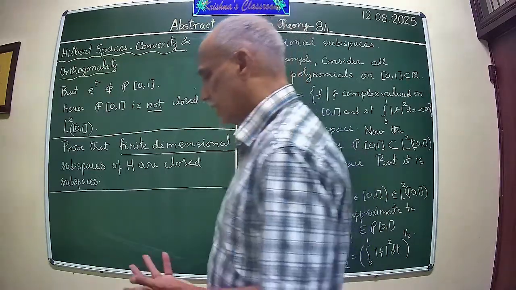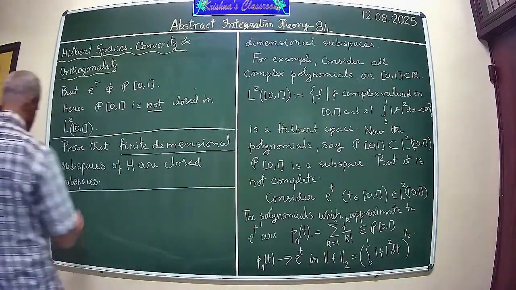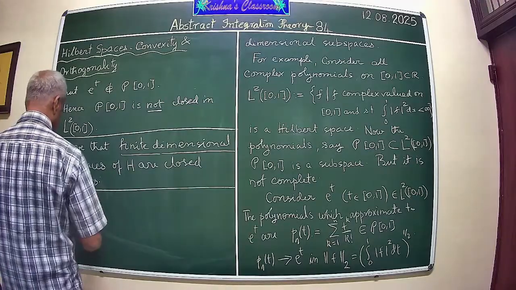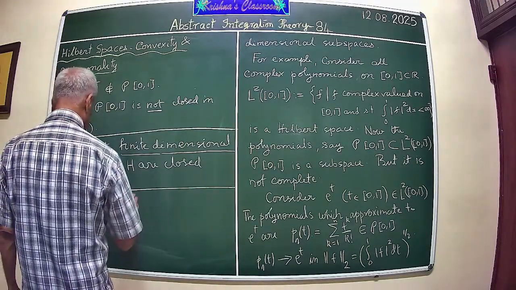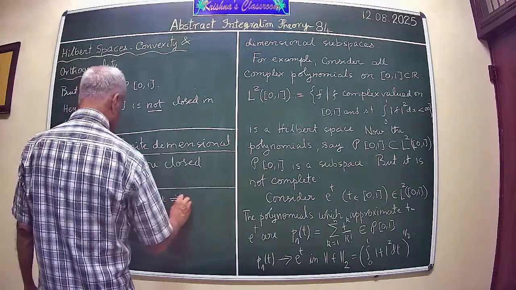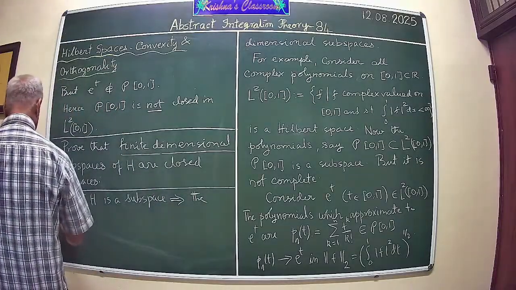Because we have seen that for any M there is a closure, that is a topological closure.